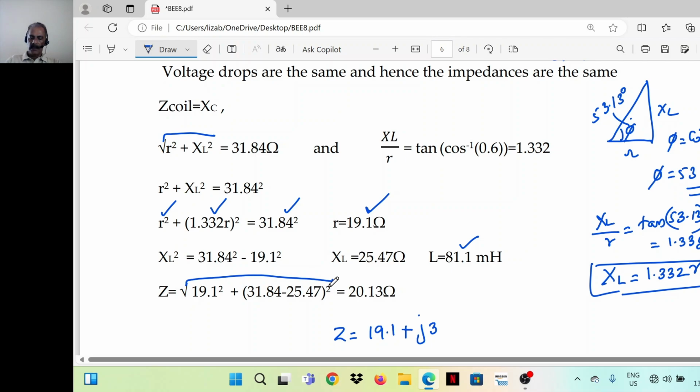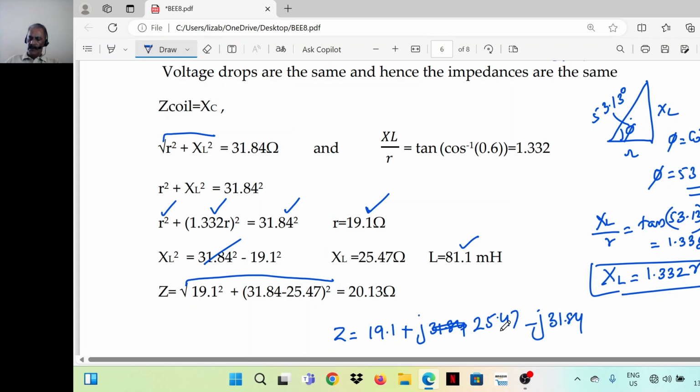Inductive reactance is 25.47, minus j, capacitive reactance is 31.84. That is R plus jXL minus jXC.